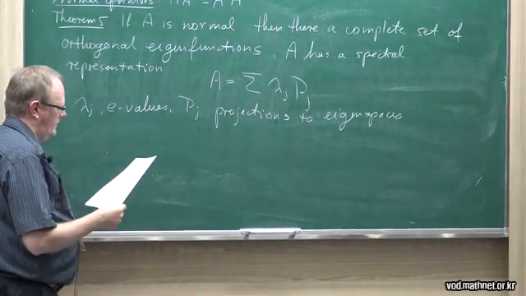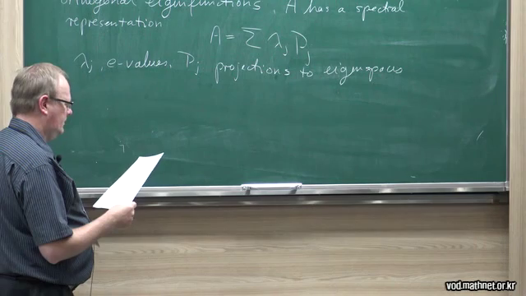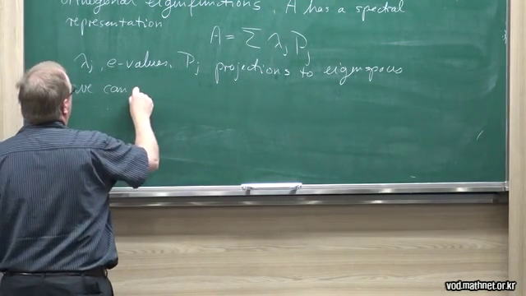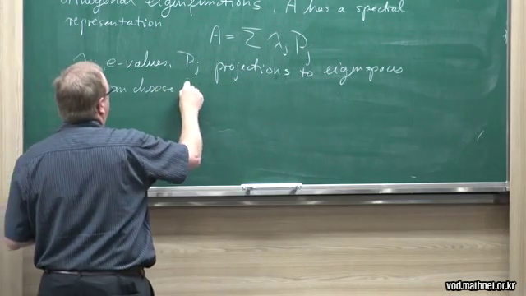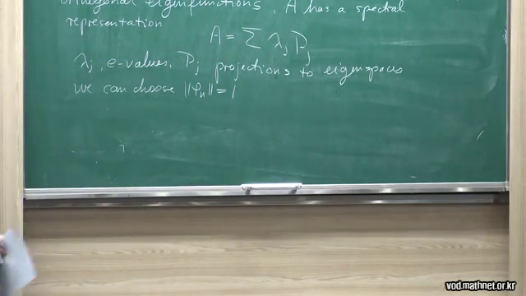All right, and then we can choose the eigenvectors, of course, to be normalized to be equal to 1. So I call them phi n, so phi n are these eigenvectors.